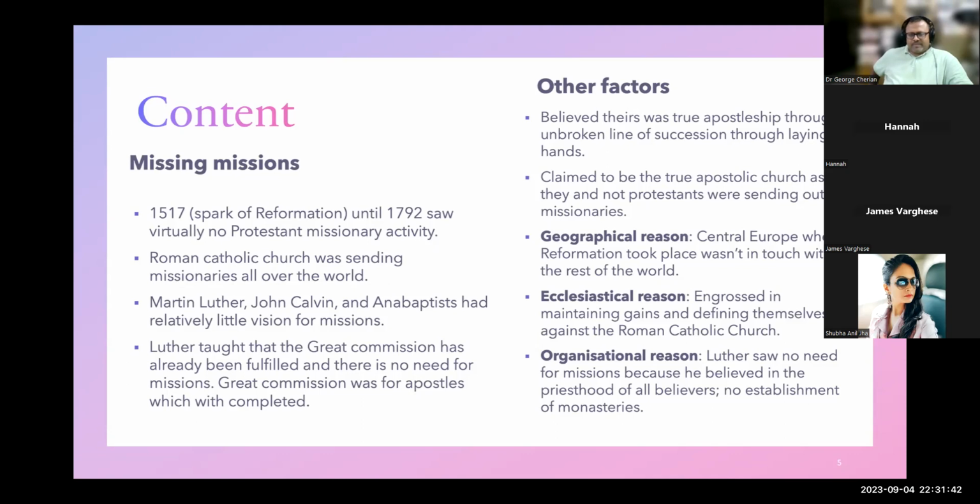Technically that's true, when we look at the scriptures, but because of that, they felt no need to set apart certain people. And if certain people are not set apart, there's no need for monasteries, and no need for monks, people who dedicate their entire life and do not involve themselves in social life, but are only for mission. So that could not happen like how it was happening in the Catholic Church. So those were the reasons.